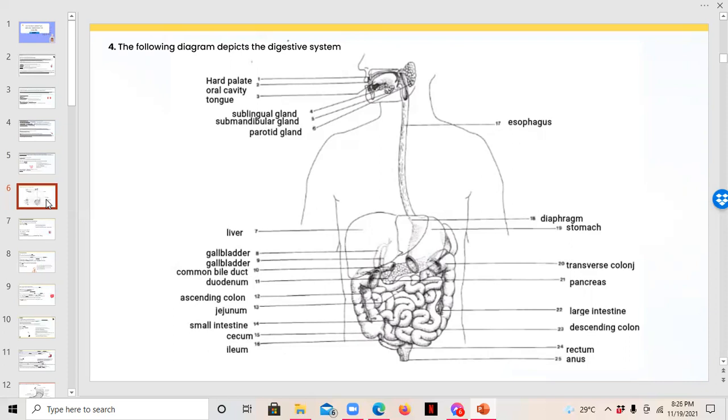Number 2, oral cavity refers to the mouth, is the first part of the digestive tract. Number 3, tongue is a muscular organ in the mouth of a typical vertebrate. Number 4, sublingual gland is located on the mylohyoid muscle and covered by the mucosa of the floor of the mouth adjacent to the sublingual fossa of the mandible.